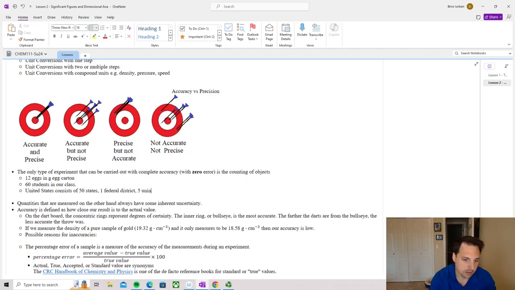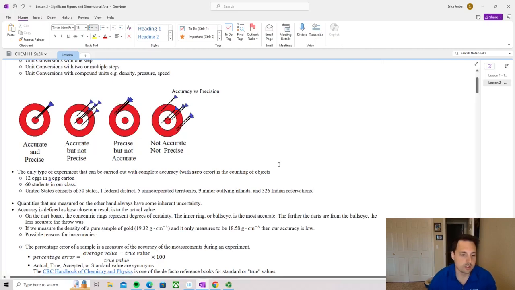If I could spell. 9 minor outlying islands and 326 Indian reservations. So these are all things that you can count exactly.